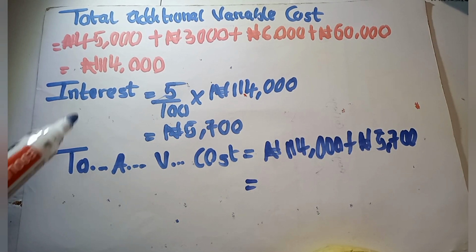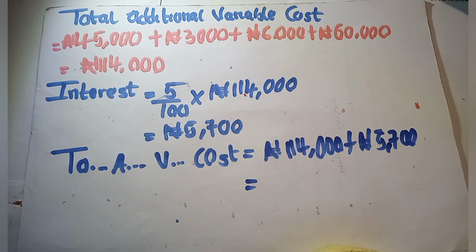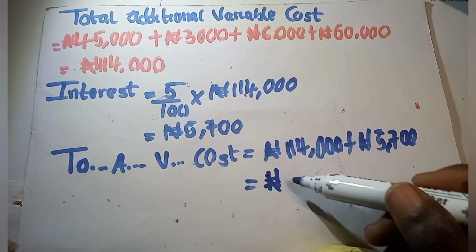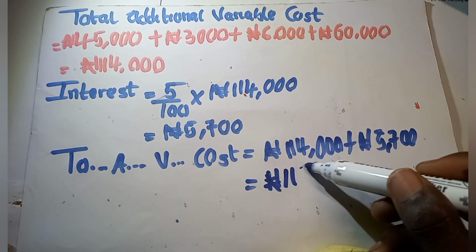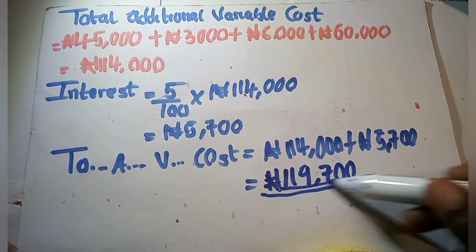That is 119,700 naira. That is the total additional variable cost.